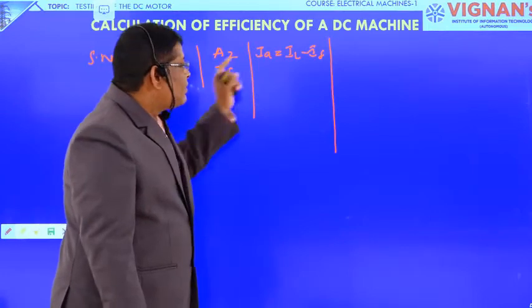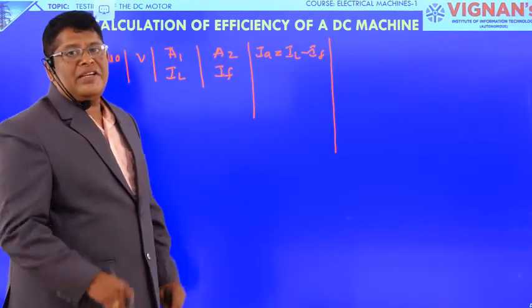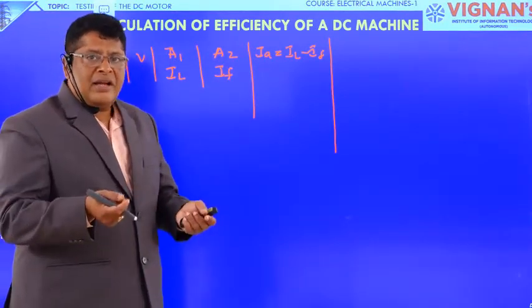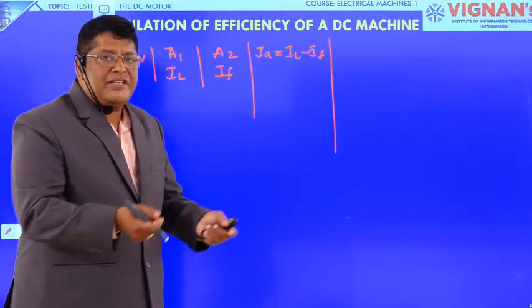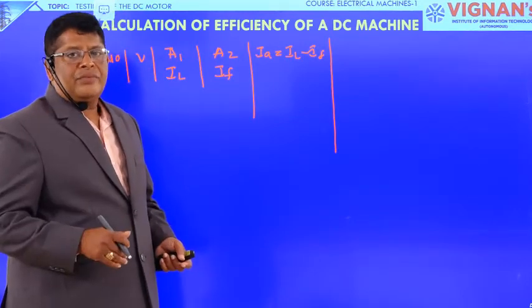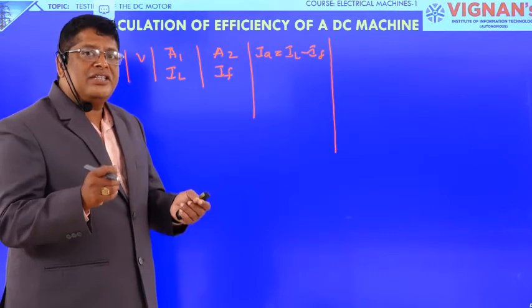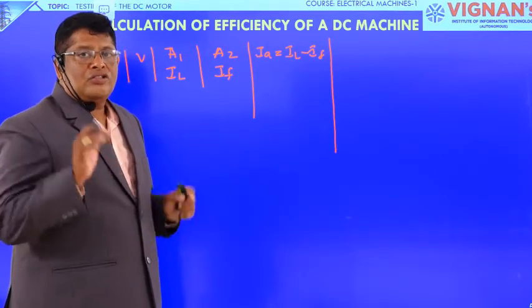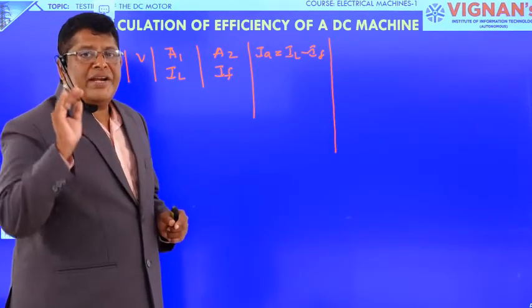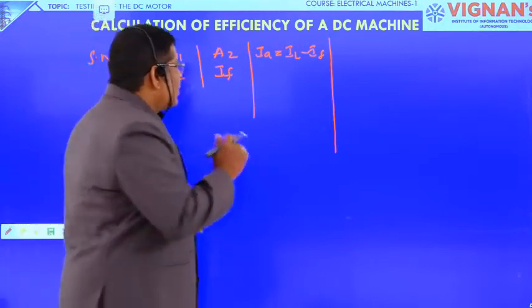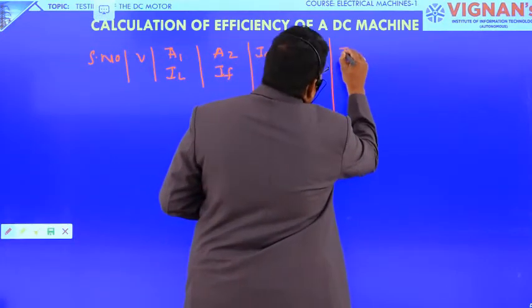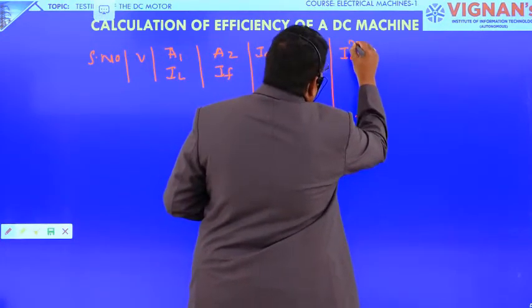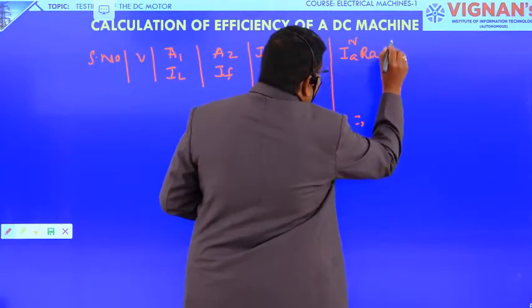Once we know the armature current, we need the armature resistance. Take the multimeter, connect across the armature terminals, and it directly gives the reading of the resistance of the armature winding. Suppose we take the armature winding resistance as RA, then armature copper loss equals IA square RA.